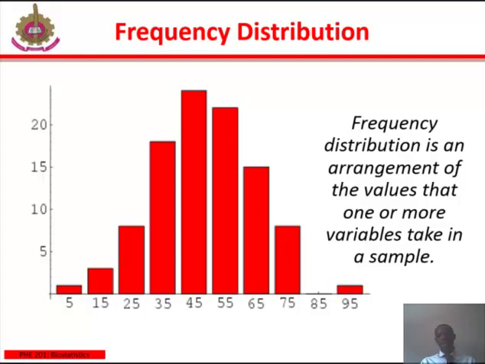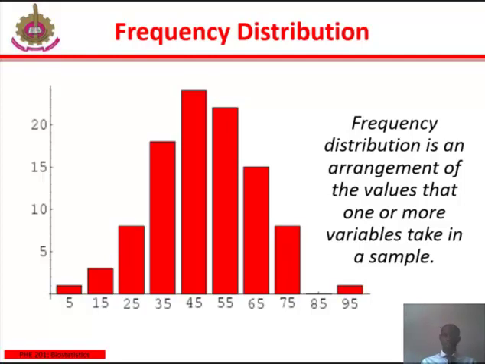Some of the graphs that can be used with frequency distributions are histograms, line charts, bar charts, and pie charts. Frequency distributions are used for both qualitative and quantitative data. There are two types of frequency distribution, and these are: number one, categorical frequency distribution, and number two, grouped frequency distribution.